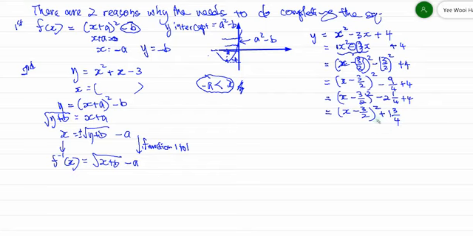Therefore, since this is positive x squared, this is a minimum curve. So the turning point is where x minus 3/2 equals 0.